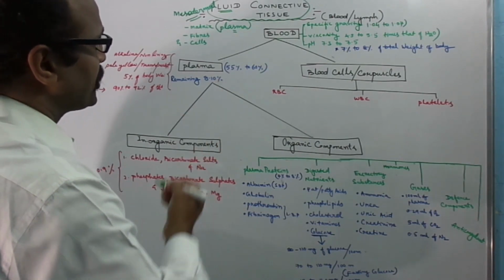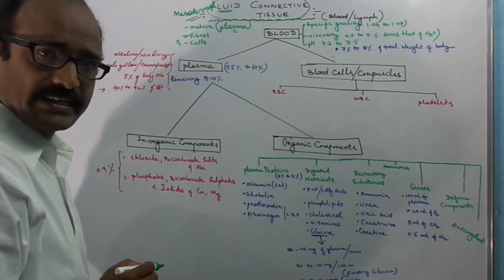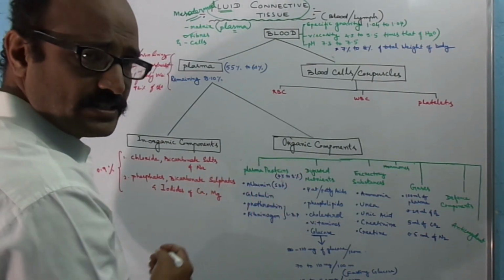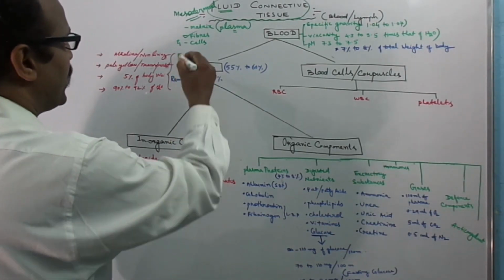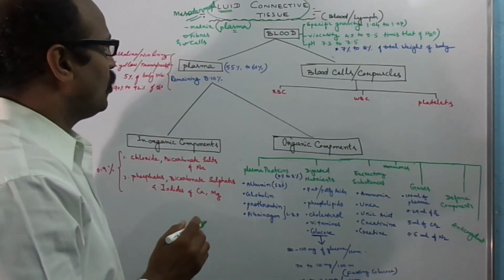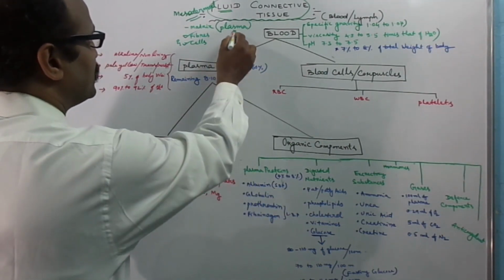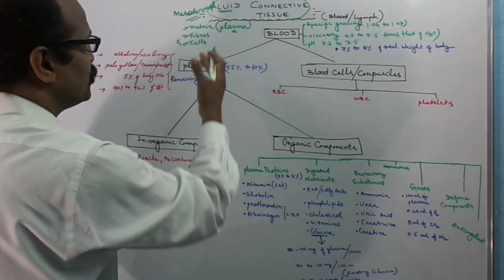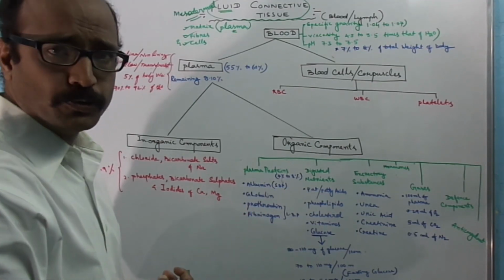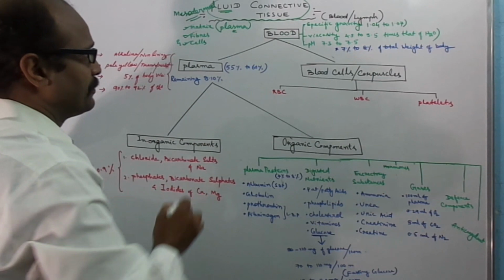As a connective tissue, it should have fibers. So here fibers are present in dissolved condition, which is known as the fibrinogen. And different types of cells or cell fragments are embedded in the plasma. So important characteristic features of connective tissue are present here, that's why it is known as the fluid connective tissue.